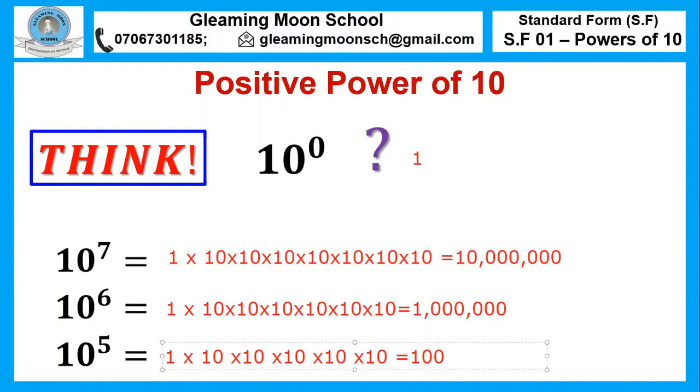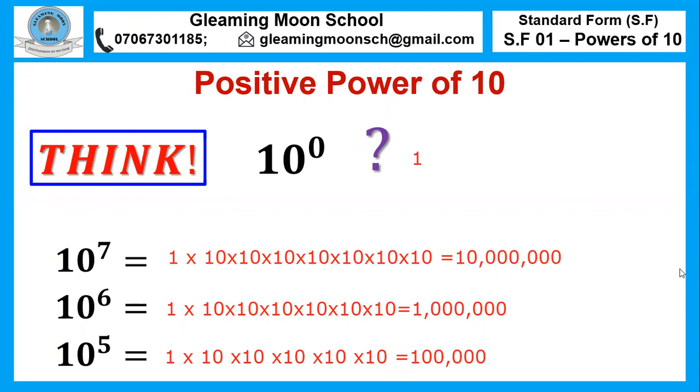Then we count 3 zeros backwards, putting our commas. So you can see 10 raised to the power of 5 will give us 100,000. Check it with what you did previously and see whether you got it right.